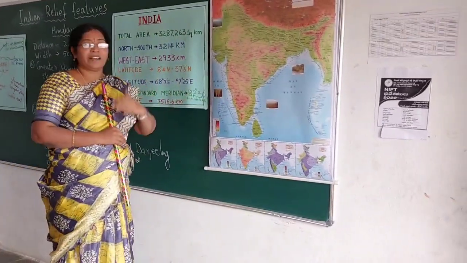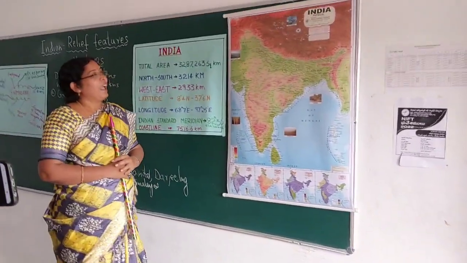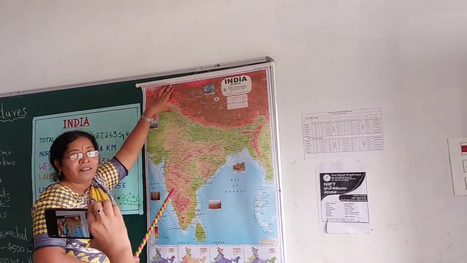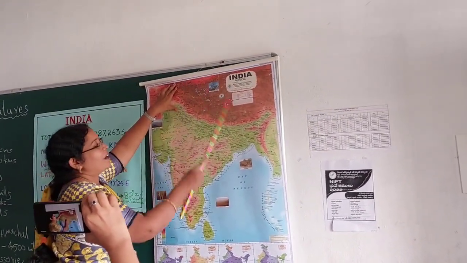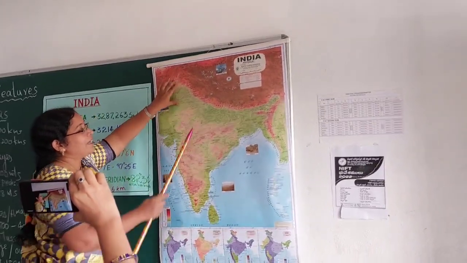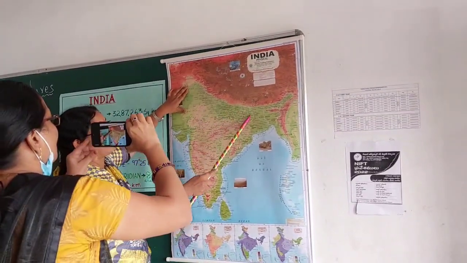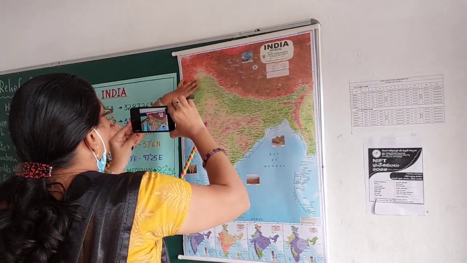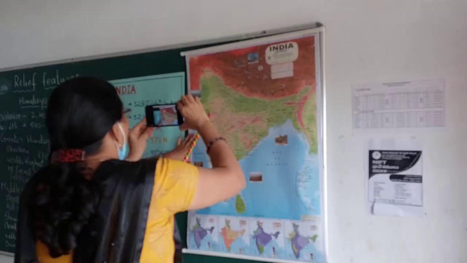there are different physical features in our country. At the top, from north to northeast, the Himalayan mountains are stretching. Down to that, this green color, you find the Indo-Gangetic plain. And this orange is the Great Indian or Thar Desert.